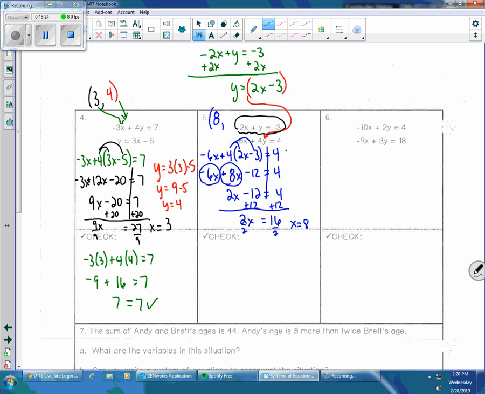So I'm going to say negative 2 times 8 plus y equals negative 3. Negative 2 times 8, it's going to be negative 16 plus y equals negative 3. I'm going to add 16 to both sides, and y is going to equal 13.